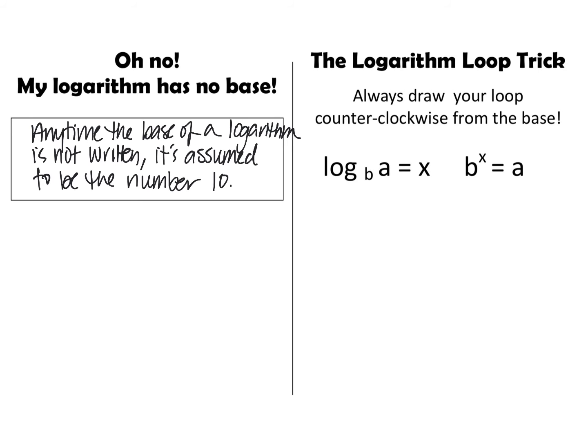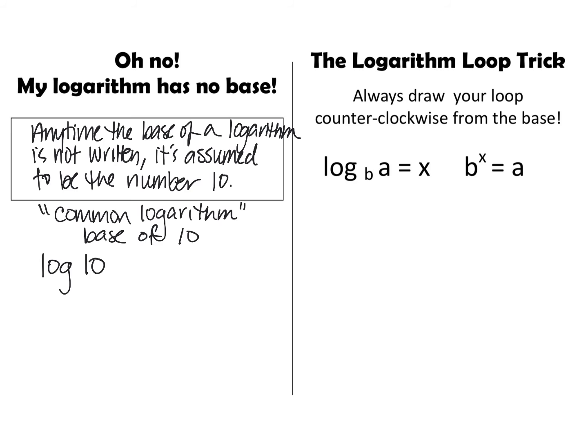This is called a common logarithm. Common logarithms have a base of 10. So if you were to see log 10, that means the same thing as log base 10 of 10. Now 10 to the what power equals 10? 10 to the first power equals 10, so that would be 1.